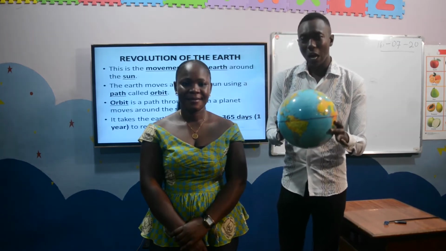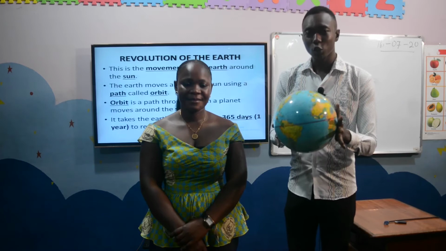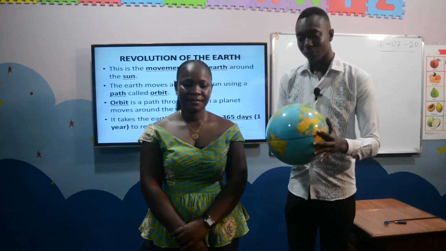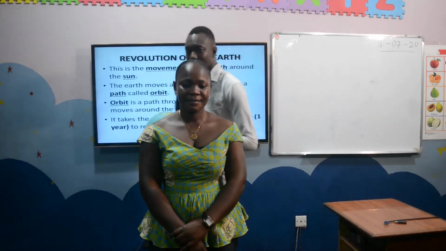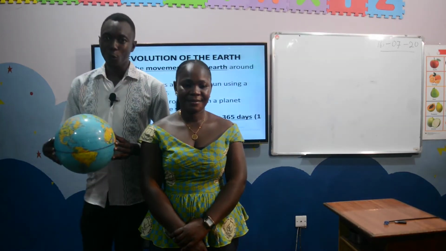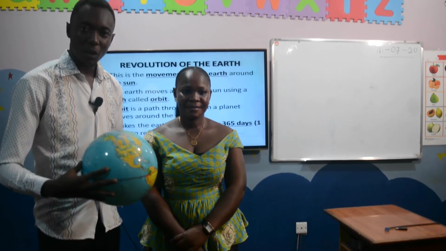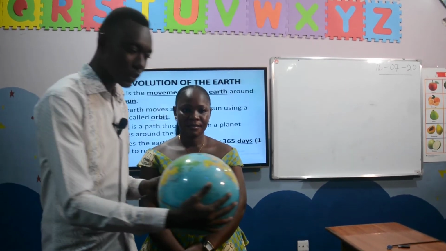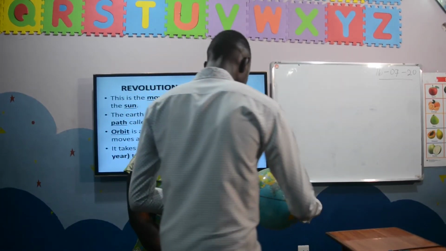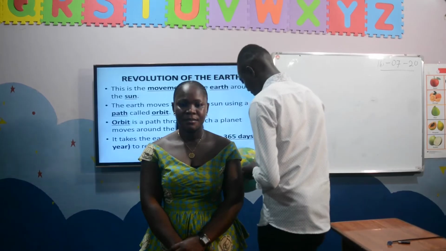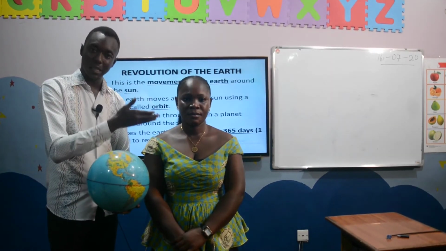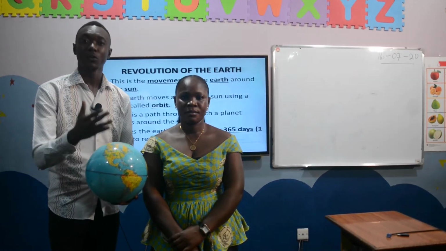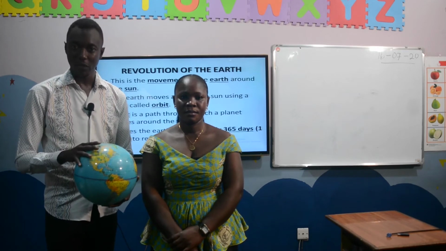Now, look at how the revolution of the earth takes place. This is how it happens, whereby the earth moves around the sun. The movement of the earth around the sun is what we term as revolution of the earth.